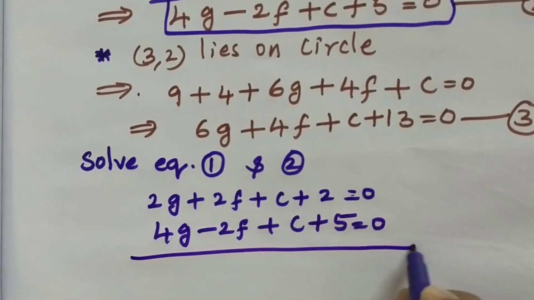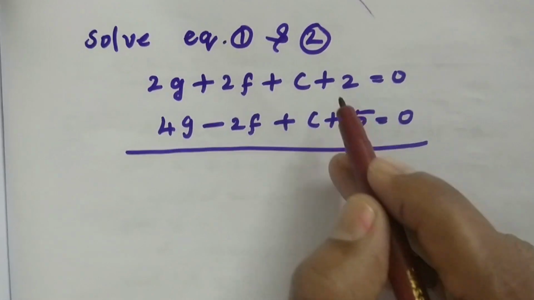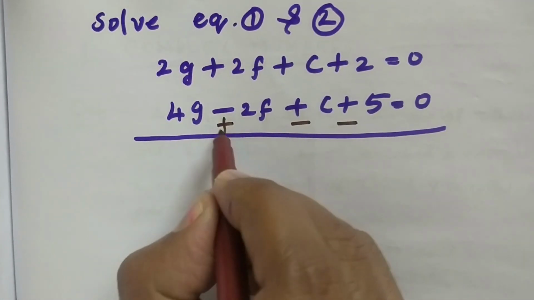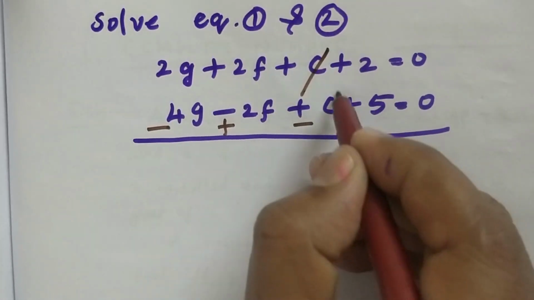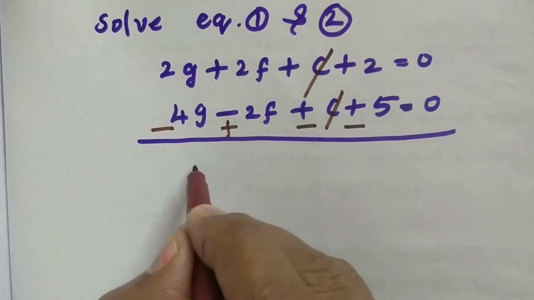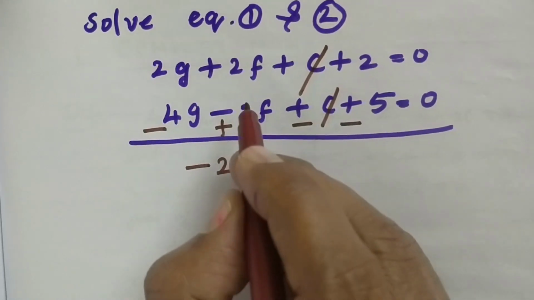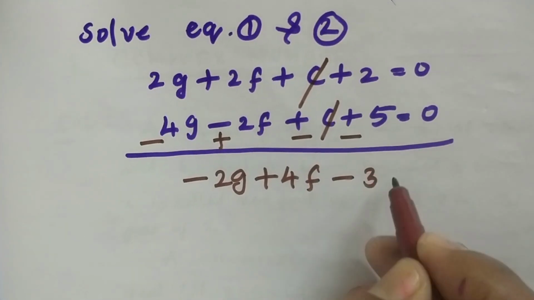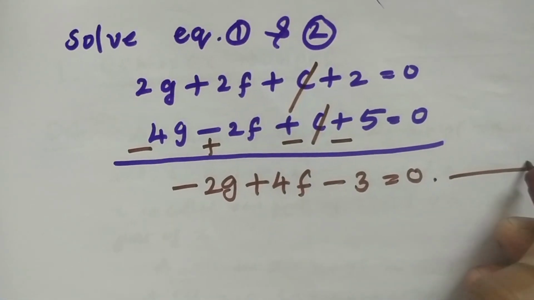Subtract equation 2 from equation 1, then the signs are changed. Plus c minus c get cancelled. Minus 2g plus 4f minus 3 is equal to 0. Say this is equation number 4.